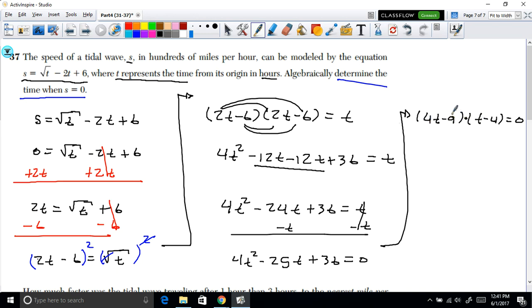When two parentheses are multiplying and they're equal to 0, what you have to do is just let each parenthesis be equal to 0. So this is my first equation. This is my second equation. Well, let's solve for the first one here. So now we have that t is equal to 4.